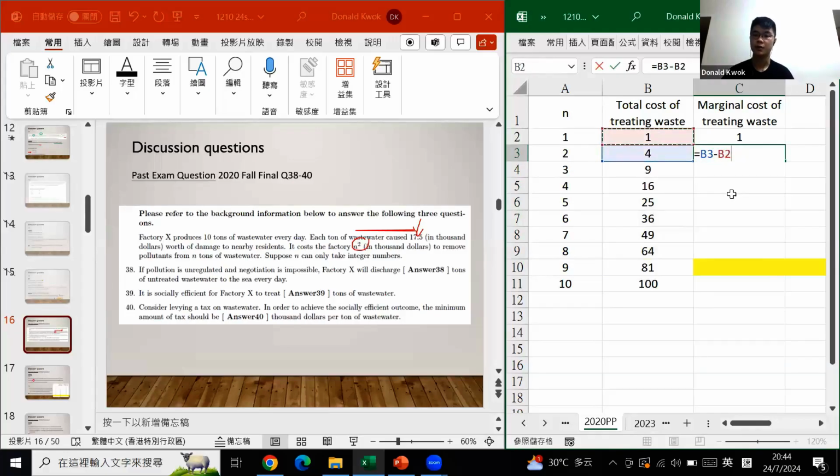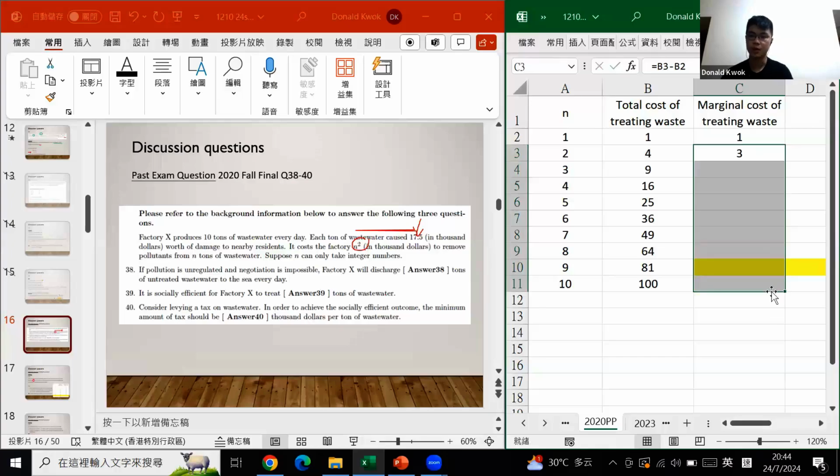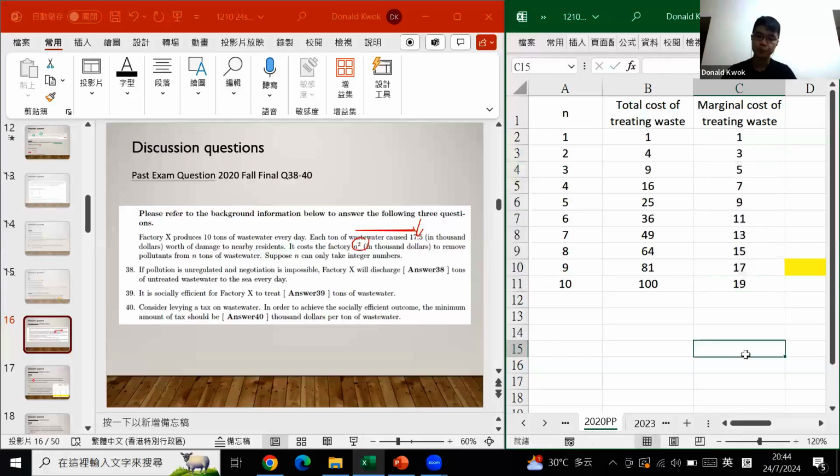The marginal cost of treating the second unit of wastewater would be the total cost of treating 2 units minus the total cost of treating 1 unit. Again, this logic applies to all remaining cells in this column, so we can use Control plus D or pull down to obtain the whole marginal cost column. Okay, we are now ready to conduct our analysis.